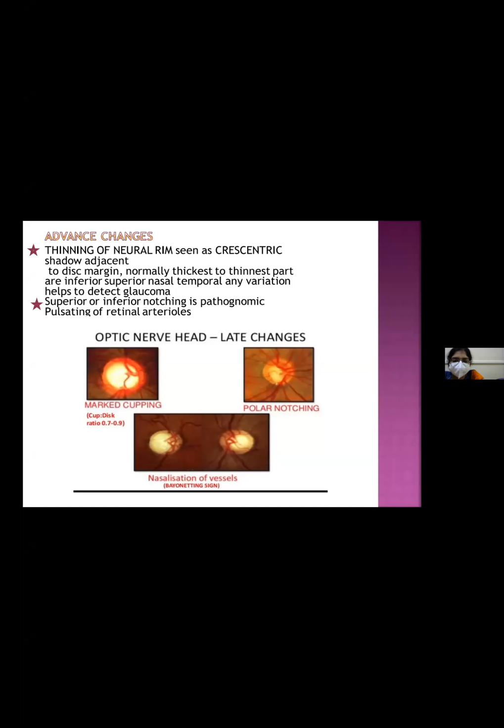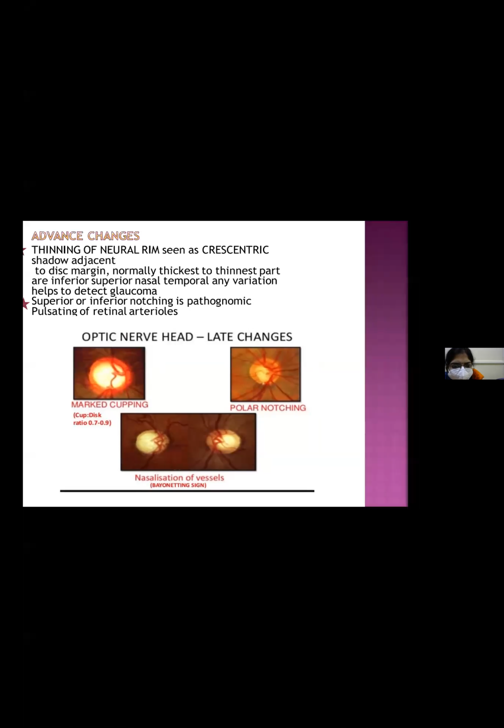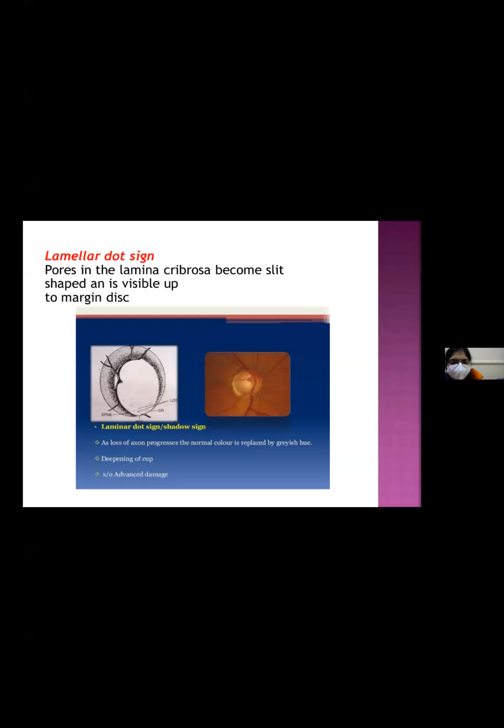There's nasalization of vessels, known as bayoneting sign. The edges overhang the course of vessels as they climb the sides of the cup and are hidden. The laminar dot sign is seen, where the pores in the lamina cribrosa become slit-shaped and are visible up to the margin of the disc.